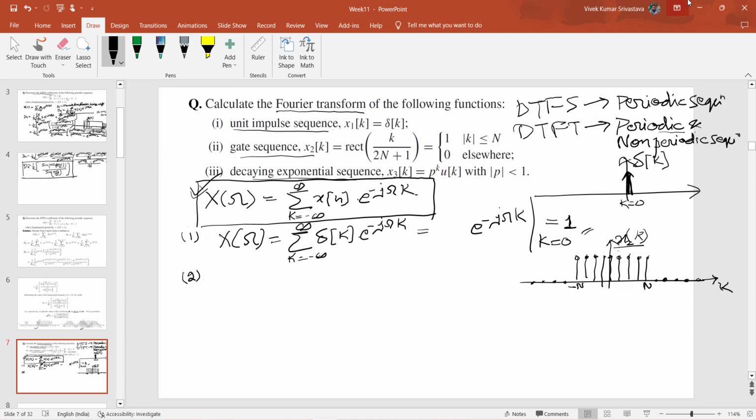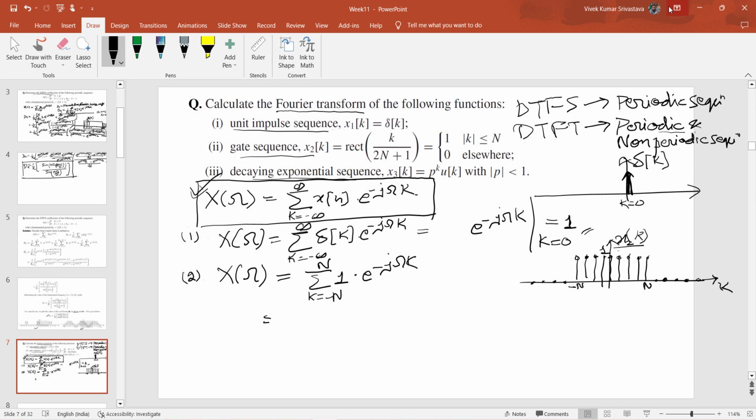The Fourier transform corresponding to this x2 of k is evaluated as summation k equal to minus n to n, with a value of 1 in this interval, into e raised to the power minus j omega k. This we can solve like we already solved in the previous problem. I will solve this once for you.